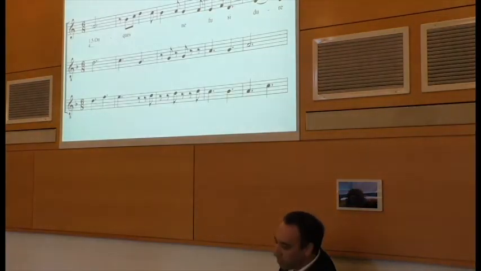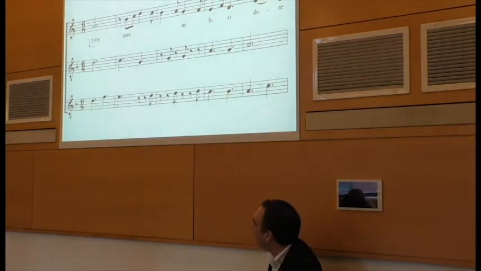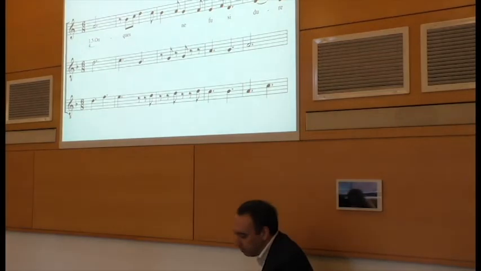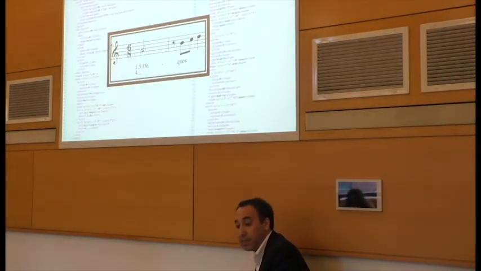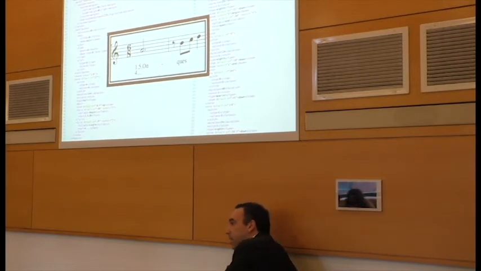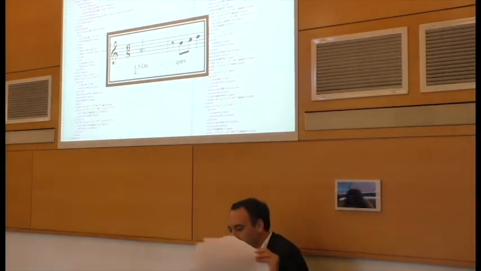Basically, we started from the published editions, entered them all into a computer using Finale, Sibelius, and so on, and then all of these were transferred into MusicXML. Some people like MEI, I'm a MusicXML person.